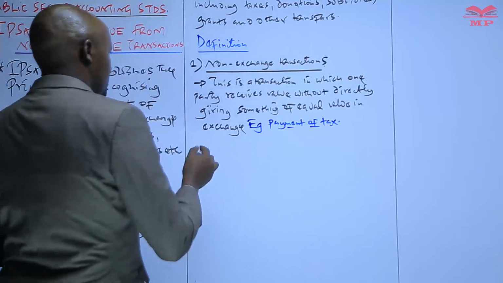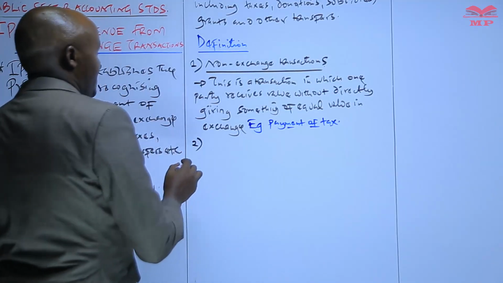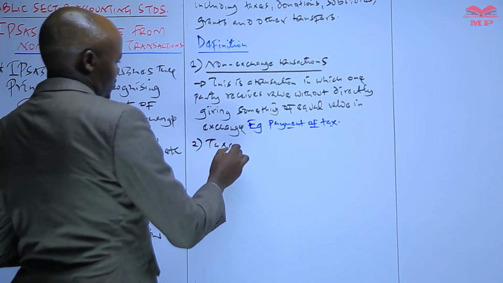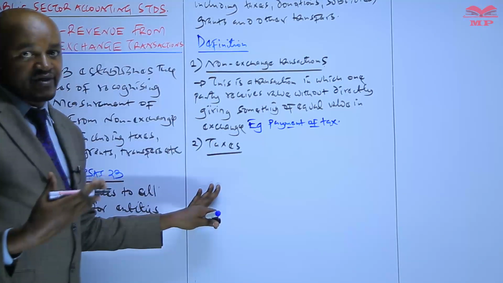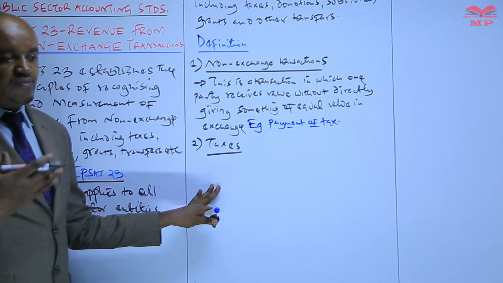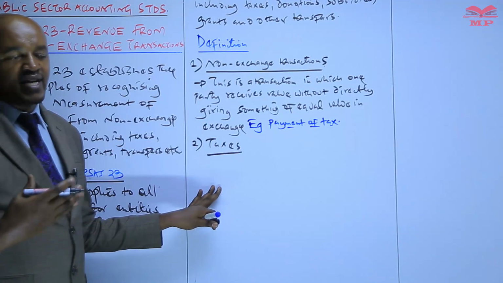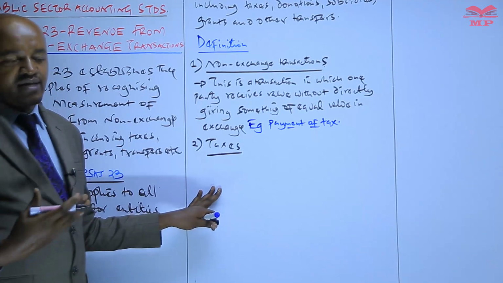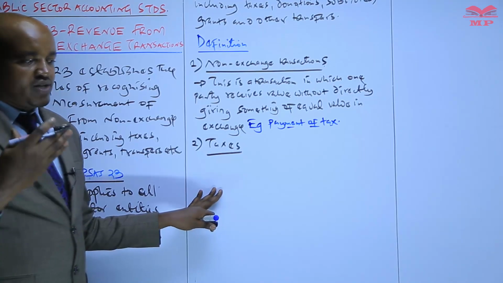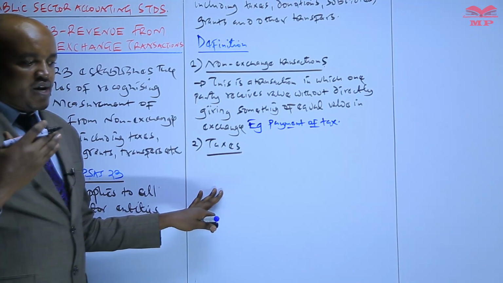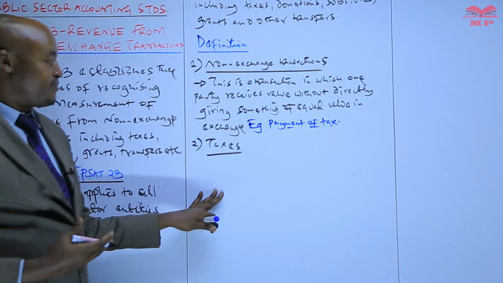The other term we may also need to define here is taxes. So what are taxes? We know that these are compulsory levies which are imposed on members of the public and companies by the government, for the government to be able to raise money to pay for public expenditures.